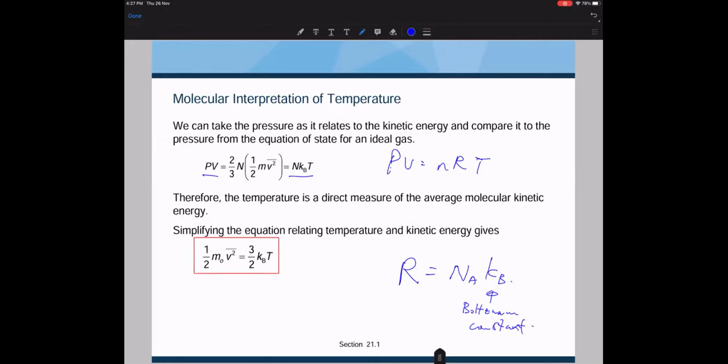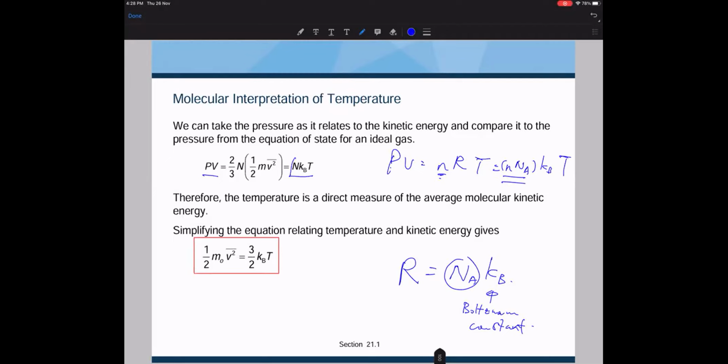So here, we are using this trick. We have the number of moles of molecules, and then we multiply by the Avogadro's number, Na, times Kb times T. n times Na is actually the total number of gas molecules.